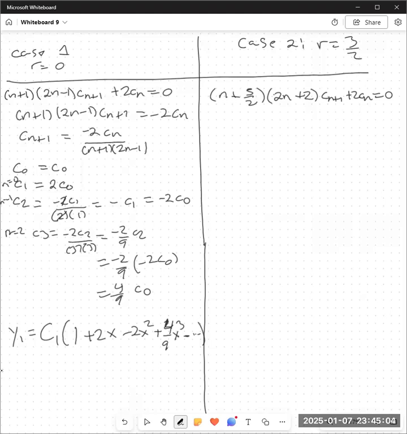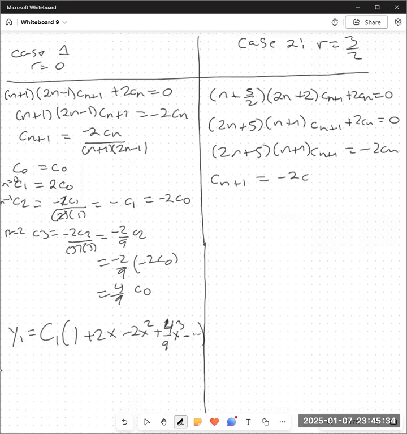The next part of my answer here, I'm going to factor out this 2 and put it in there to make this 2n plus 5, n plus 1, c sub n plus 1, plus 2 c sub n equals 0. 2n plus 5 times n plus 1, c sub n plus 1 equals -2 c sub n, and c sub n plus 1 equals -2 c sub n over 2n plus 5 times n plus 1.